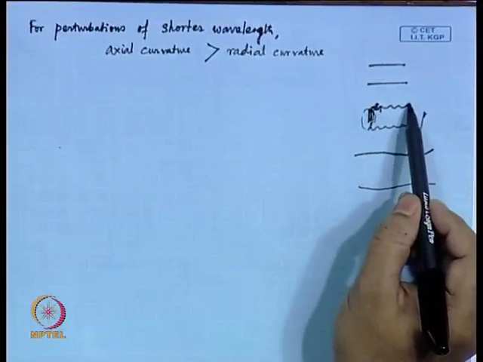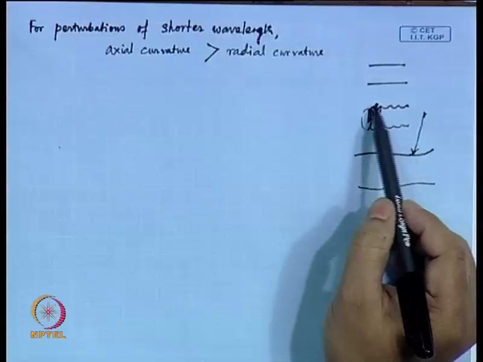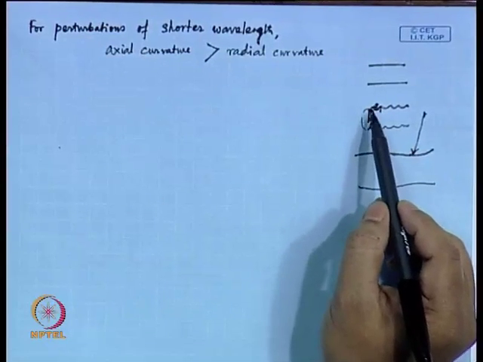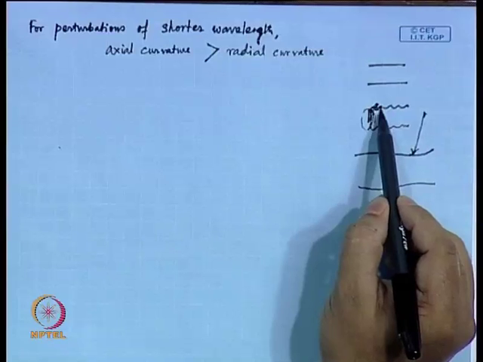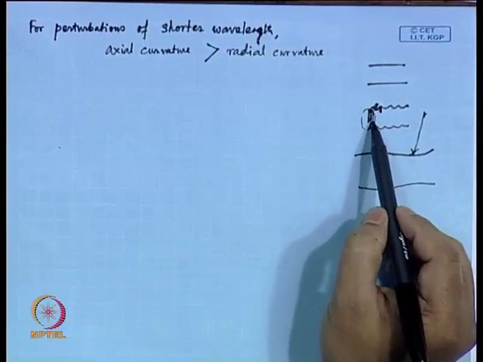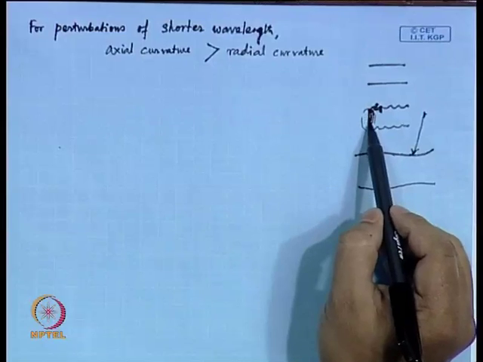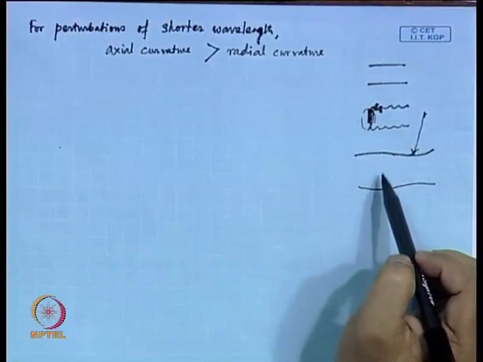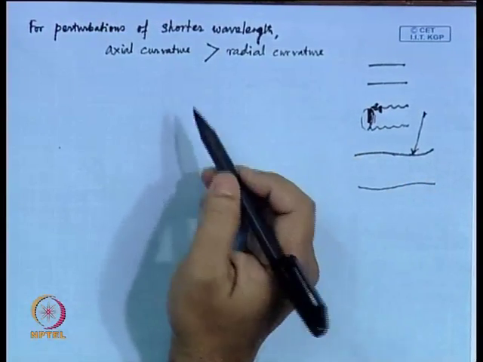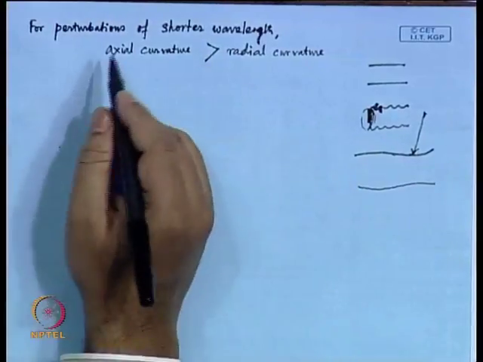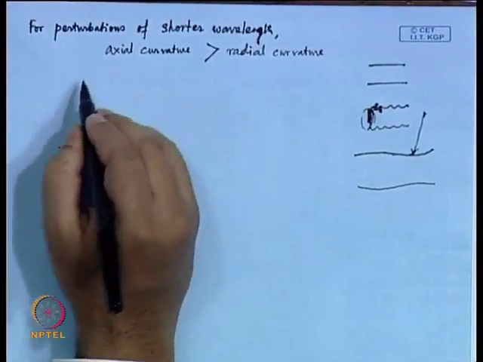This is the case of a shorter wavelength, and in this case the axial radius of curvature, this much, is much less than the radial radius of curvature, this quantity, whereas in the other case it is the other way. So, for perturbations of shorter wavelength, the axial curvature is greater than the radial curvature.